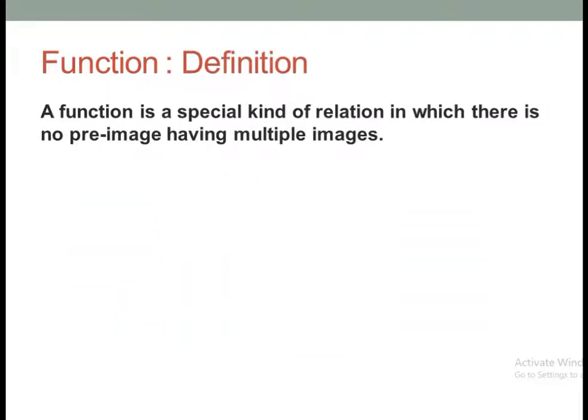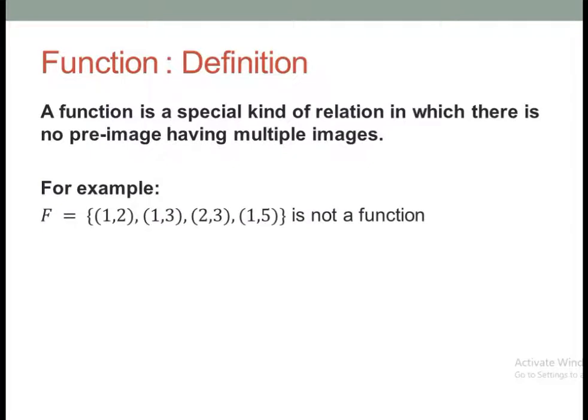The definition of function is: a function is a special kind of relation in which there is no pre-image having multiple images. For example, let's take f equal to {(1, 2), (1, 3), (2, 3), (1, 5)}.